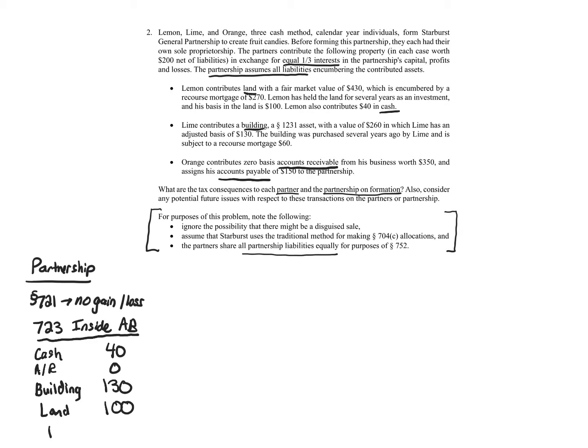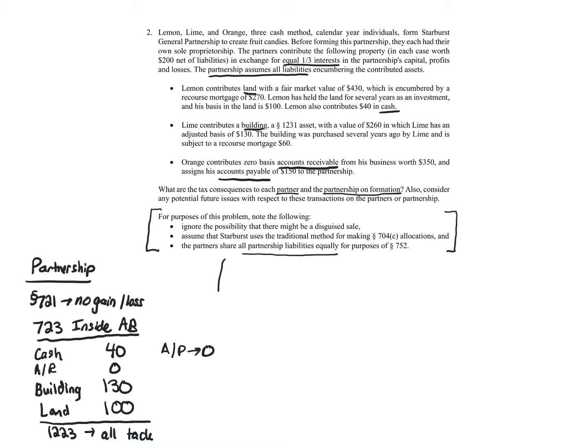And per section 1223, they all tack. They all get to add on their holding period, everything. Now, under the liabilities, there's also going to be accounts payable. The accounts payable have a zero basis because, again, Orange is a zero basis, cash method taxpayer. So you haven't recorded anything yet in those respective items until you actually collect.